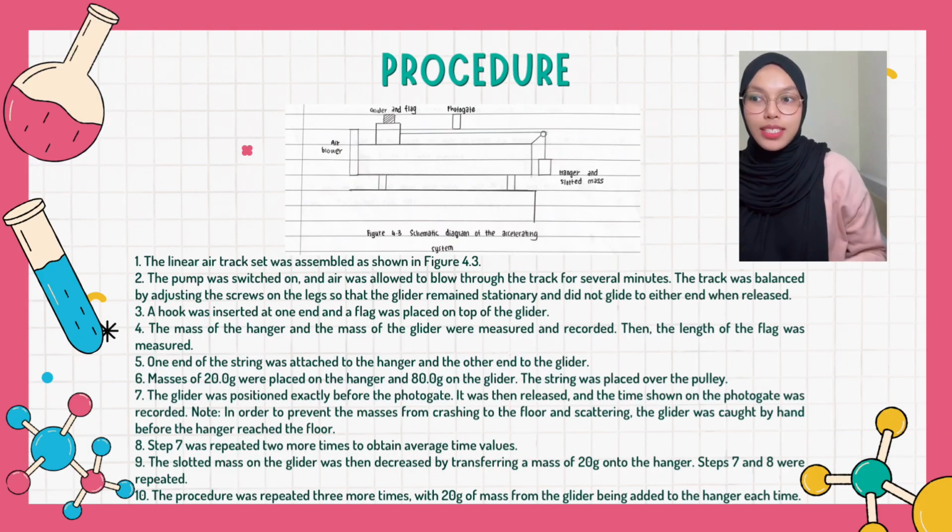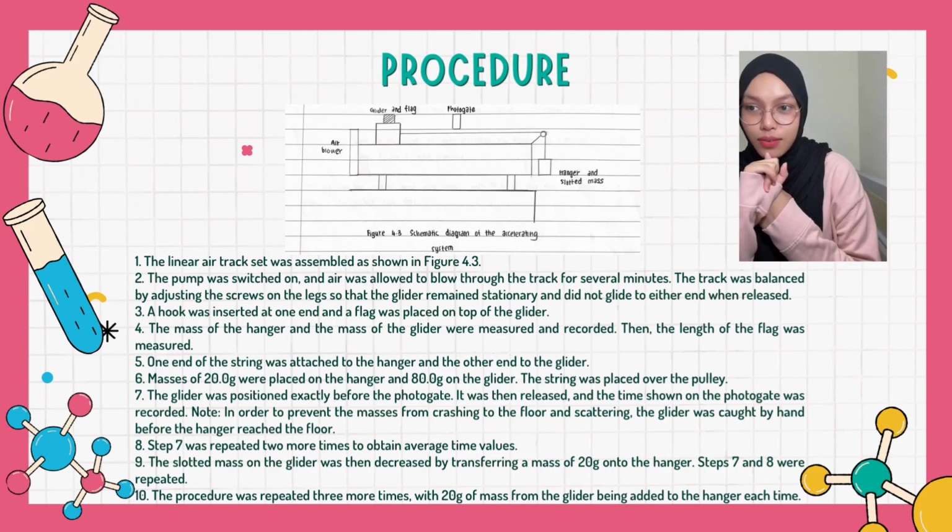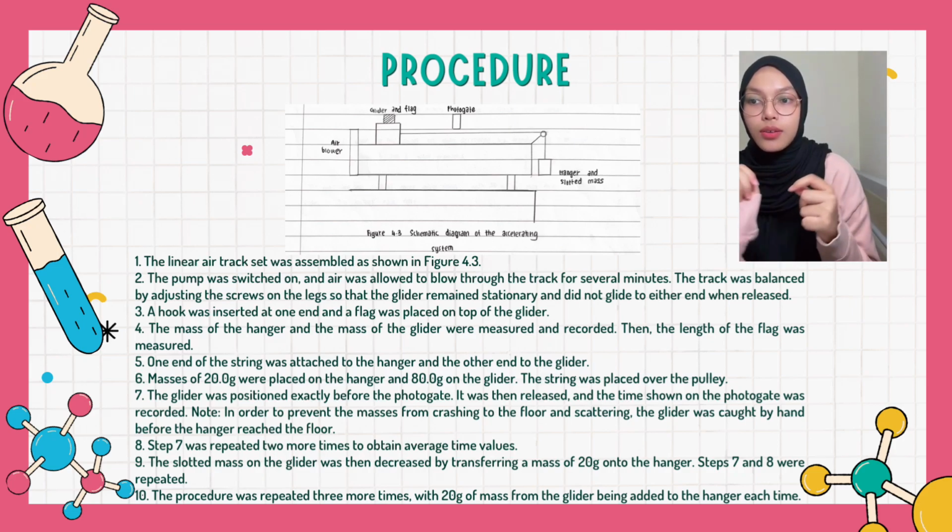Next is the procedure. The first one, the linear air track set was assembled as shown in figure 4.3. Second, the pump was switched on and air was allowed to blow through the track for several minutes. The track was balanced by adjusting the screws on the legs so that the glider remained stationary and did not glide to either end when released.